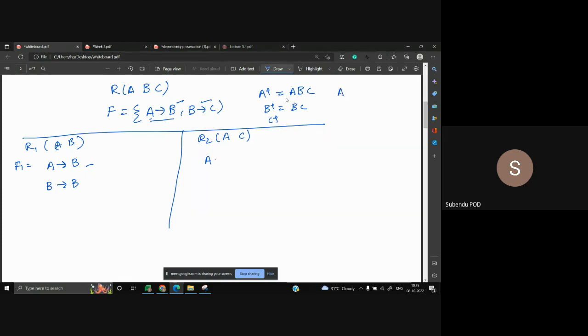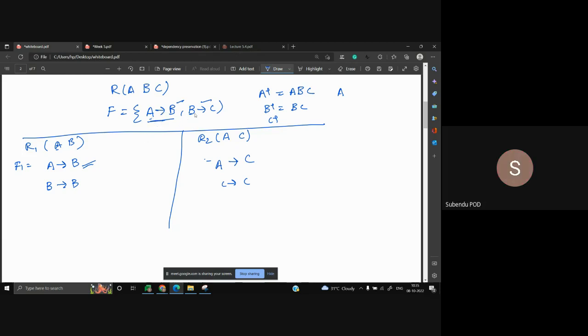What will we get? A, B, C is the A closure. So we can determine A determines, sorry, C. A determines C, and we have to find the C closure. C closure is nothing, so C determines C, right? So you can see that A determines B is preserved, right?